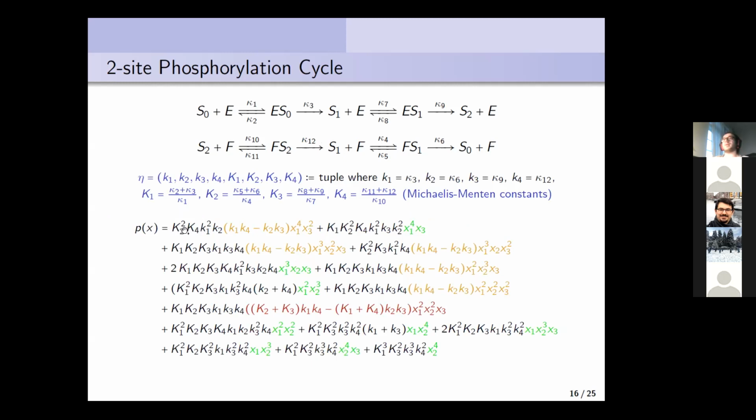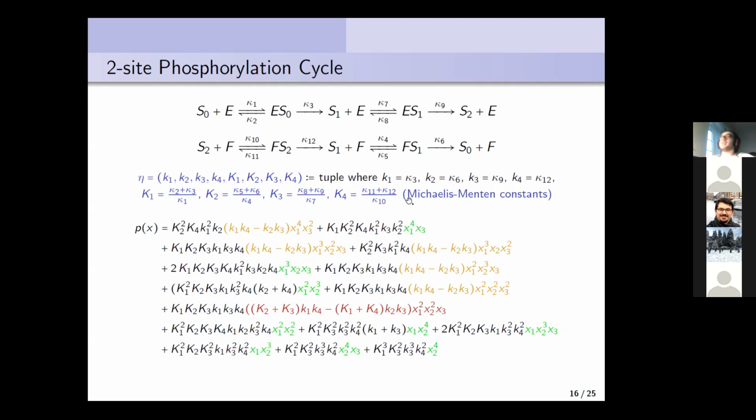And here we changed the names of some parameters. We reparameterized it to make it look a little bit nicer, because otherwise, if you just use small kappa i's, this looks really long and hideous. So we just use something called Michaelis-Menten constants, and this is okay.